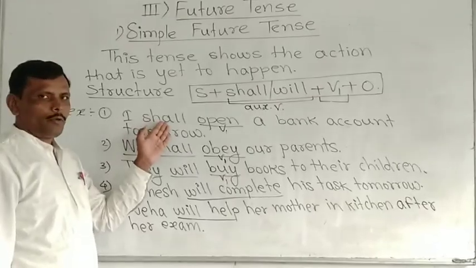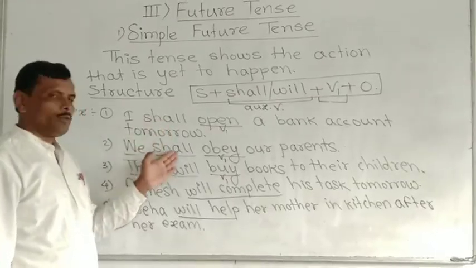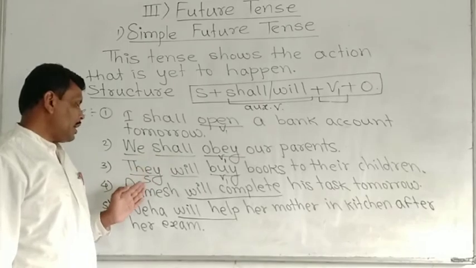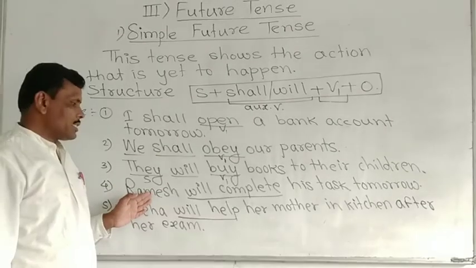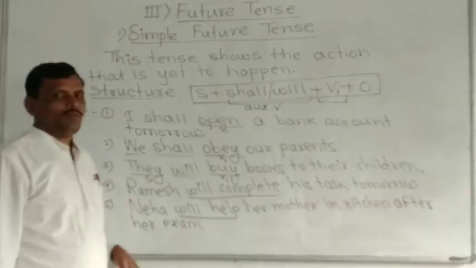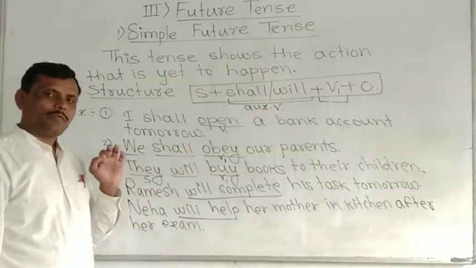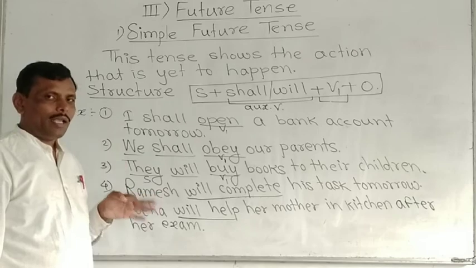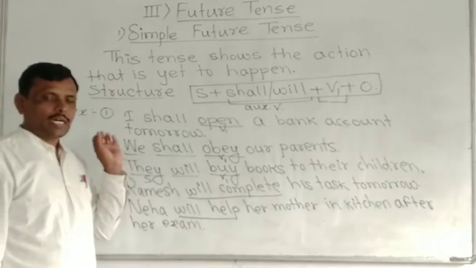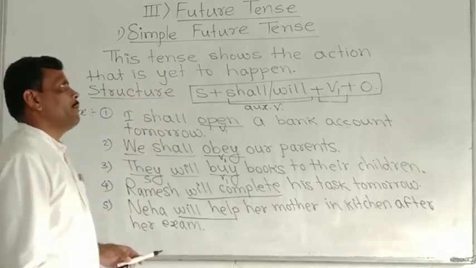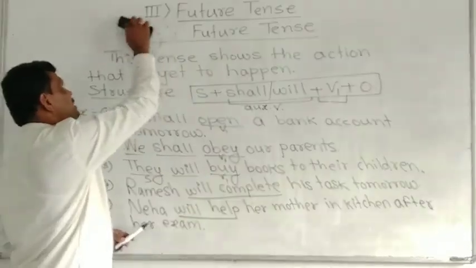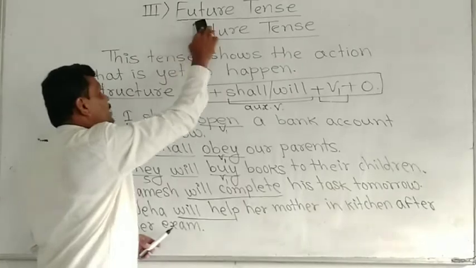After I we have used shall, after we we have used shall. They, Ramesh, Neha, these subjects carry will plus V1 in simple future tense. It is very simple. Now we have to turn towards the next form of the future tense, that is future continuous tense. Now I have to clear the board.